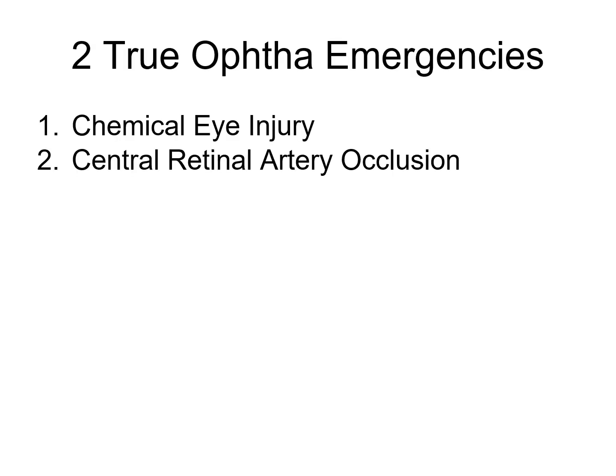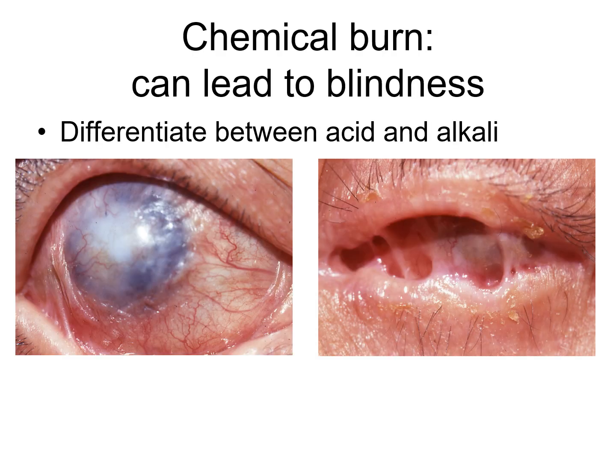Ophthalmology only has two true emergencies, namely chemical eye injury and central retinal artery occlusion. The first true ophtha emergency is chemical burn. If a patient presents to you with chemical burn, immediately do your intervention, as it can lead to blindness.